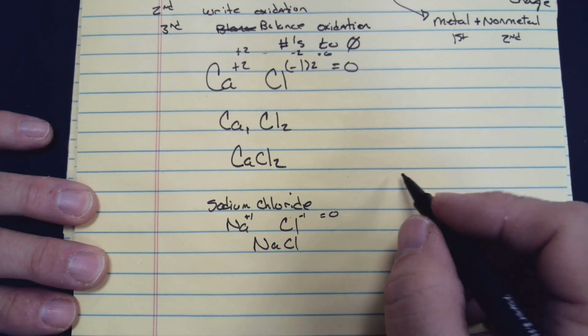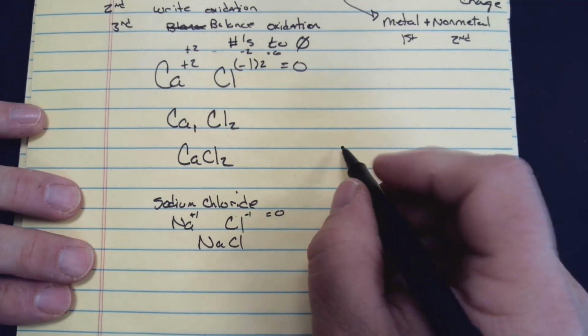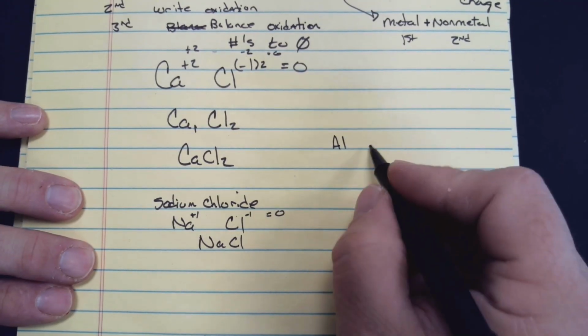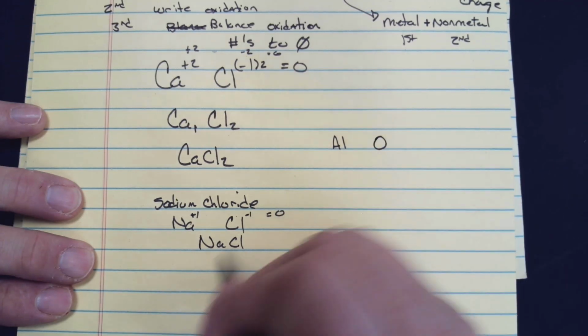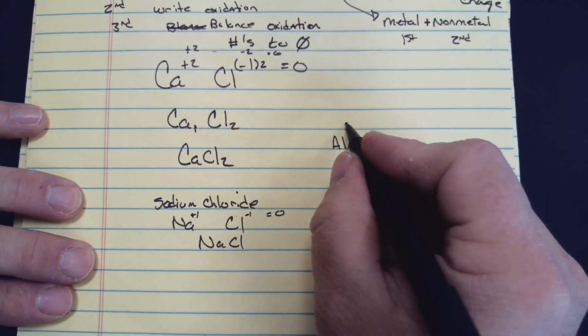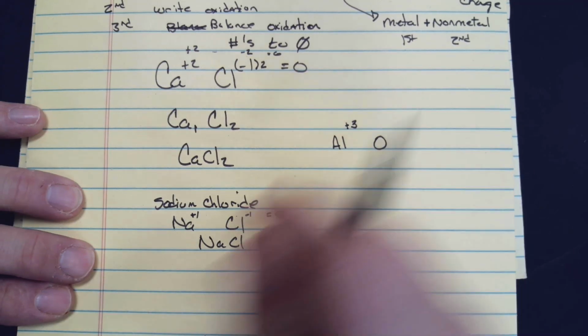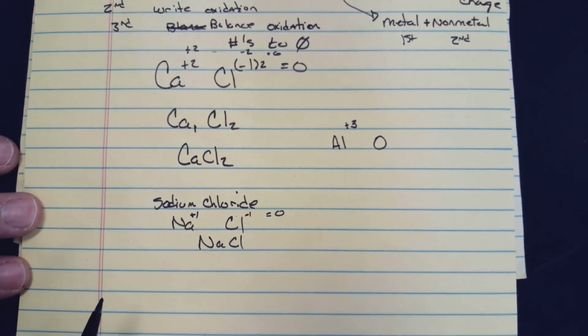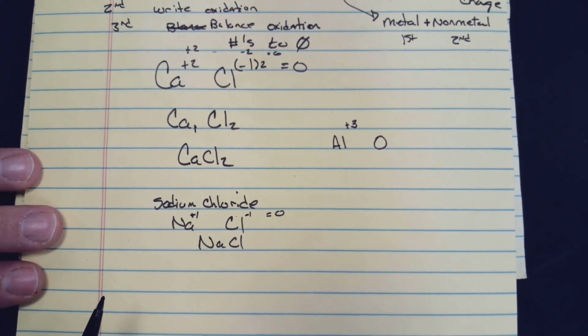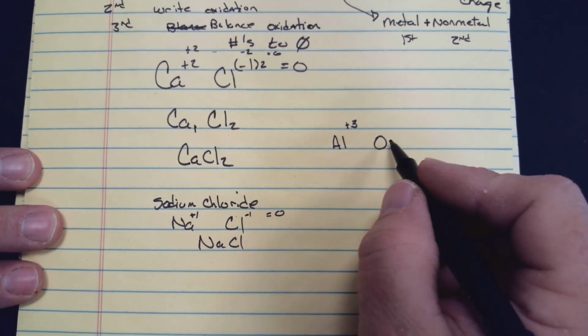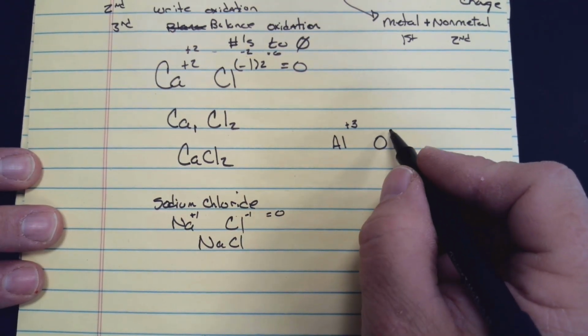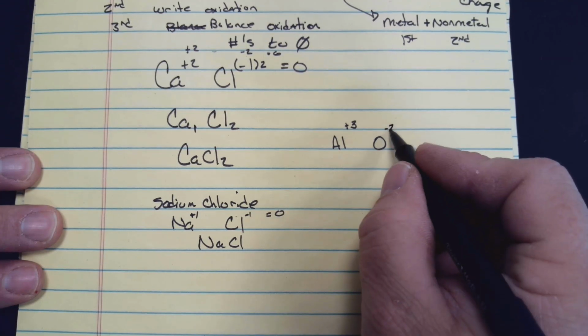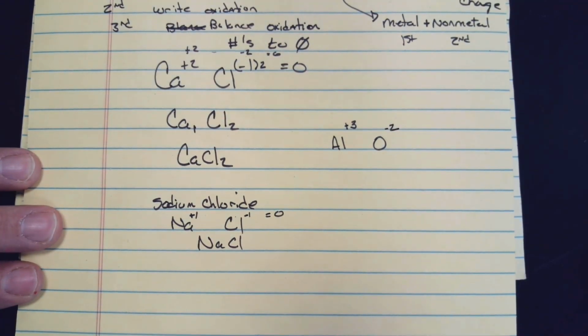We could do the hardest one, like aluminum and oxygen. Aluminum has 3 valence electrons, gives them away, so it's a +3. Oxygen has 6 valence electrons, so it needs 2 more. There's a -2, it gains 2 negativities.